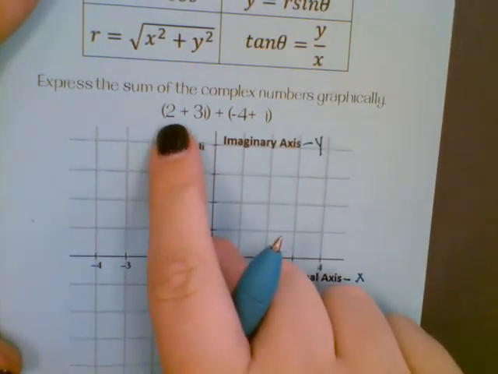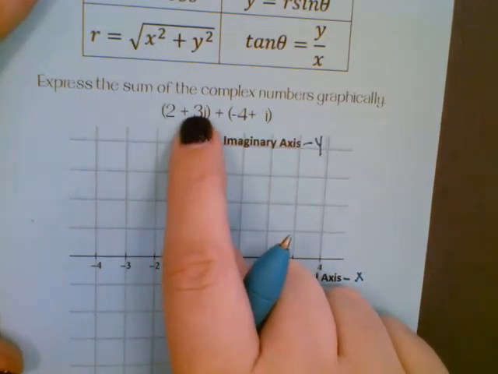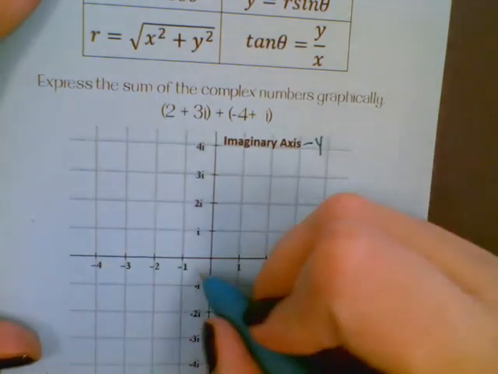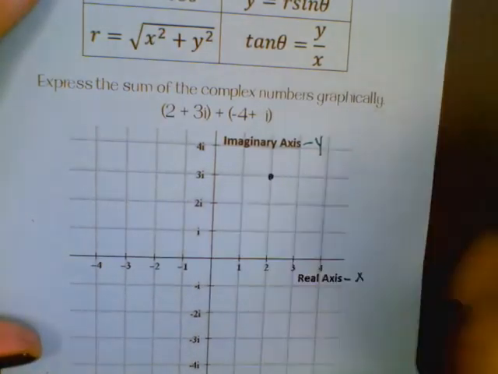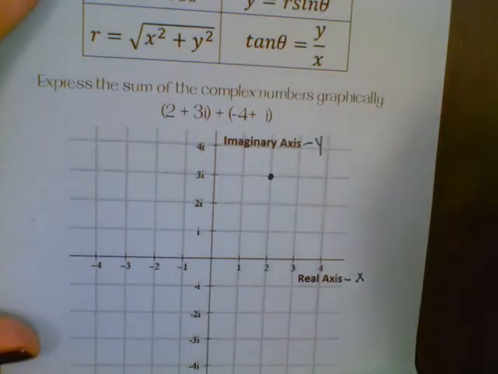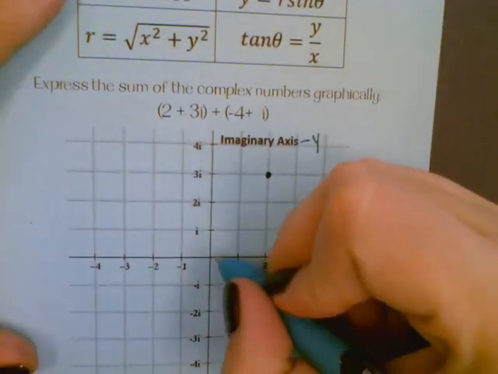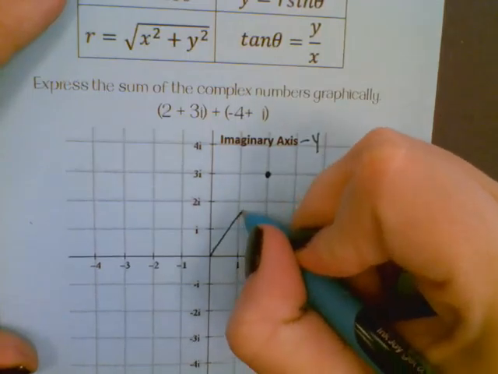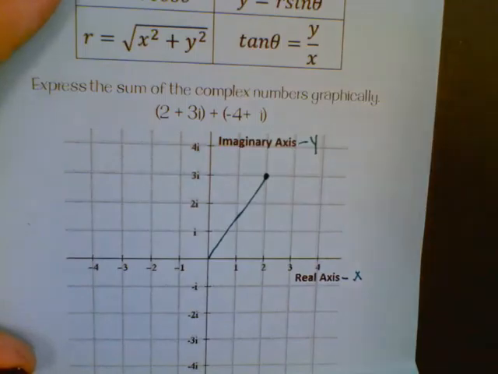So this is our x part and this is the y part. The way we would graph the number 2 plus 3i would be over 2 on the real part and up 3 on the y part. So we graph these like vectors. You might have done vectors in one of your science classes. We don't do them in this class anymore. We used to, but it's the same thing. So it's graphed like a directed line segment. We just don't put an arrow on it.